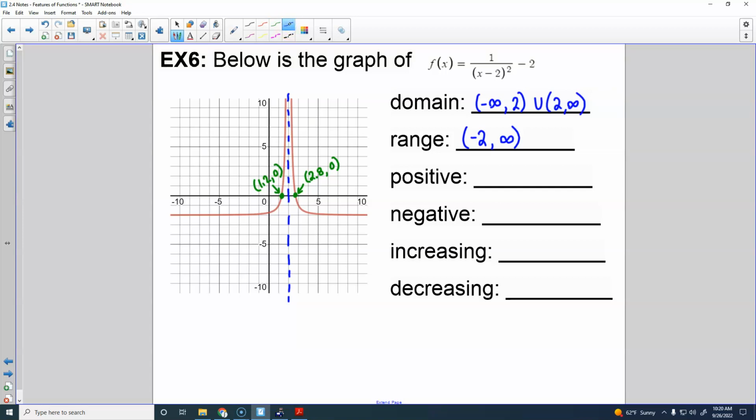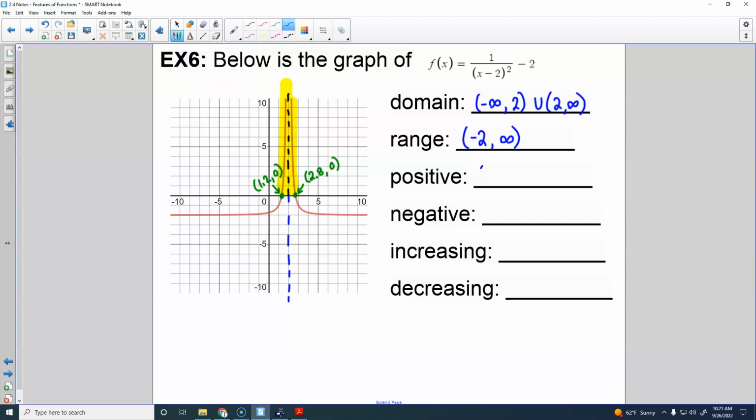So if we were looking for where this graph is positive, it's positive in all of this section right here, which is really from like 1.2 to 2.8, except is it positive at 2? No, because we have a vertical asymptote. You've got nothing at 2, right? So we cannot include 2.